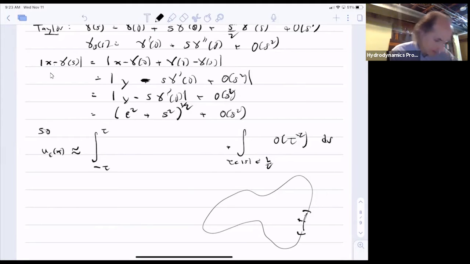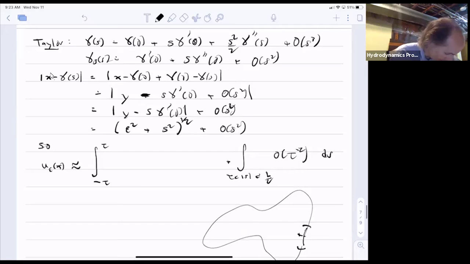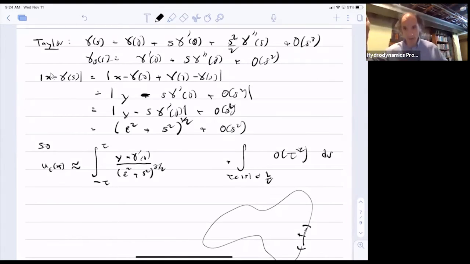Okay, and then here I can do a Taylor expansion in the first integral. So we'll have a y cross gamma prime of 0, and I believe that's integrated over epsilon squared plus s squared to the 3 halves. So I'm basically not being very careful with error terms.